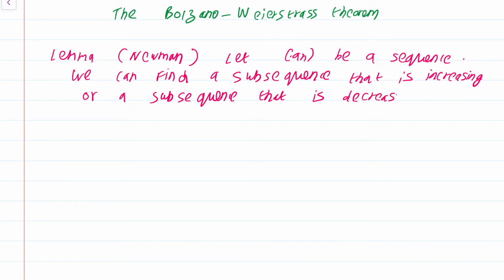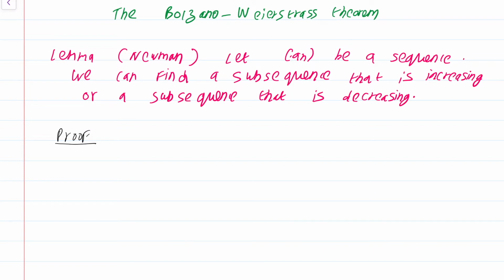So any sequence, no matter how complicated and bizarre it is, will either have an increasing subsequence or a decreasing subsequence, or most probably both.